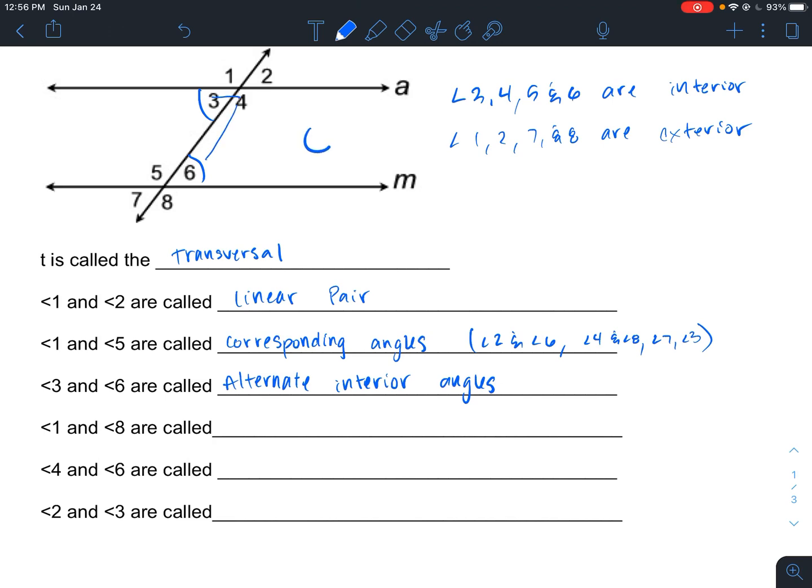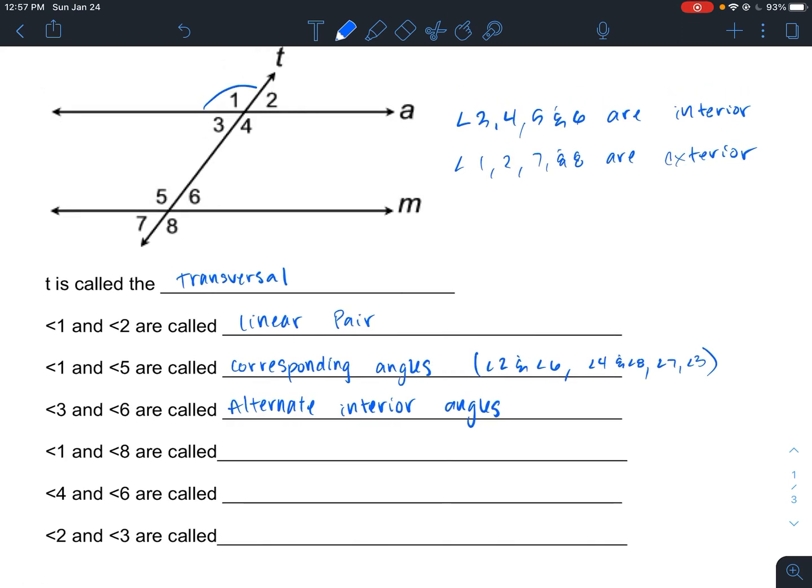So if we were to draw like a circle in this order, 3, 4, 6, and 5, alternate means every other, right? So we're going from 3, we're skipping 4, and we're going to 6. So we're alternating. And they're inside, so we call them interior. So 3 and 6 are alternate interior angles. 4 and 5 are also alternate interior angles. So alternate interior angles.